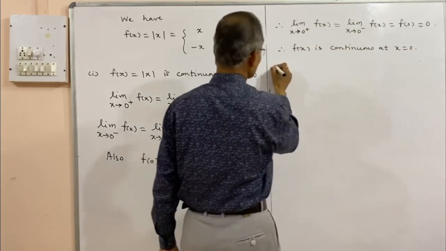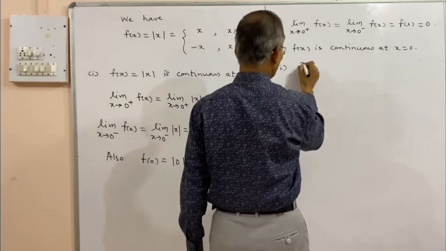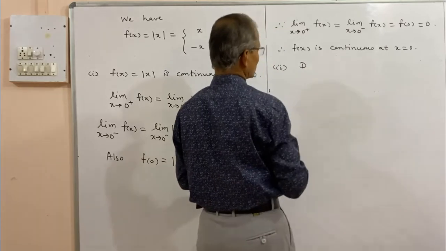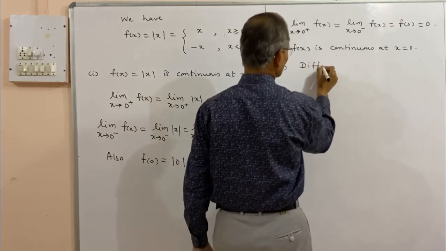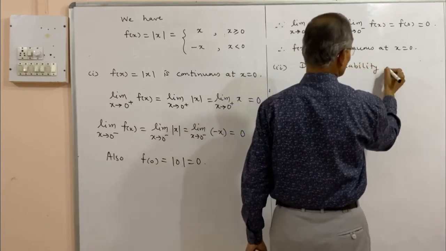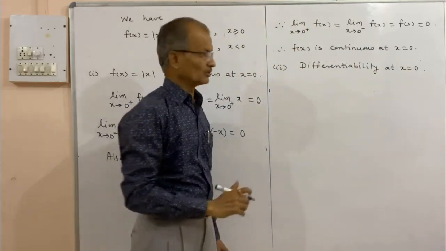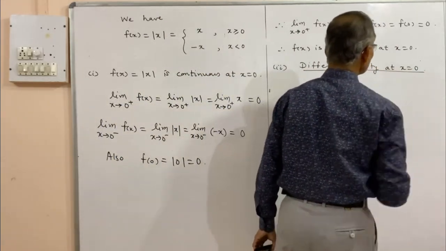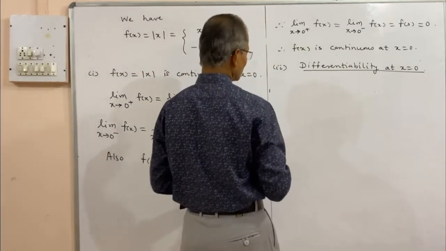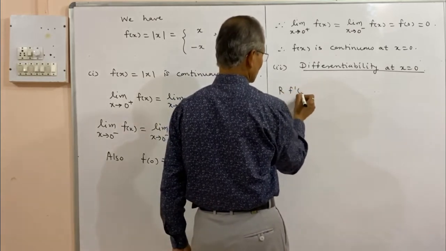Now second thing is differentiability at x is equal to 0, or derivability at x is equal to 0. Or you may write simply derivative at x is equal to 0. Differentiability means derivative at x is equal to 0. Now we shall find first the right hand derivative, R f dash 0.